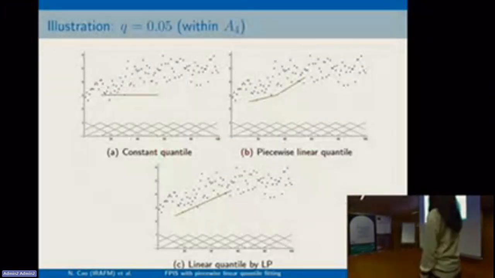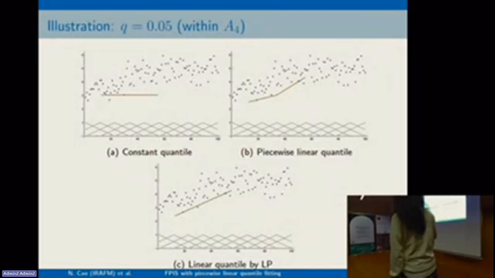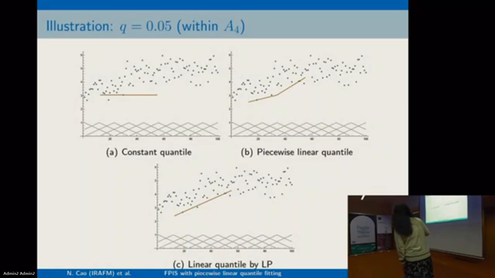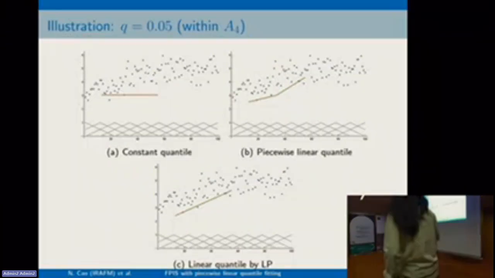Here's the illustration. Clearly you can see this is the constant quantile. Just look at the support of the first set A1. I think the partition is missing here. I don't know why. I recall the first partition was here, but now it disappeared.